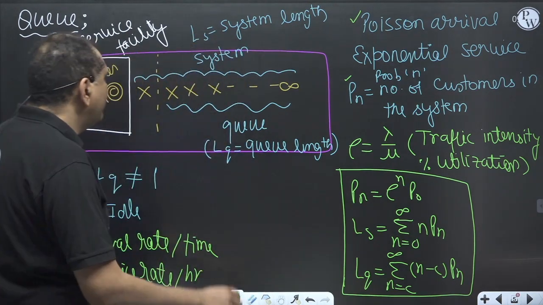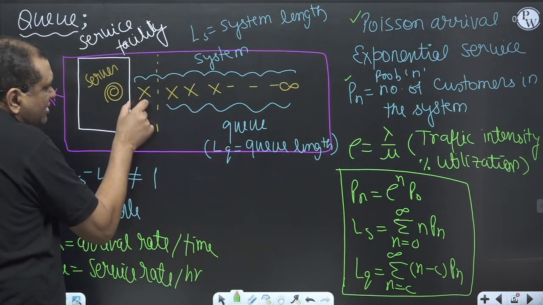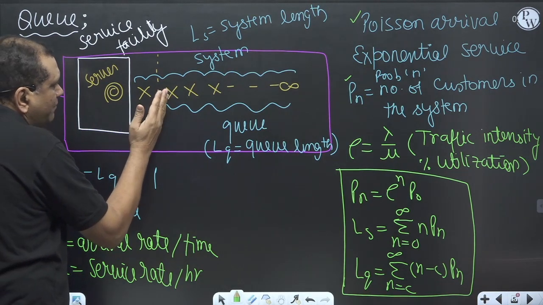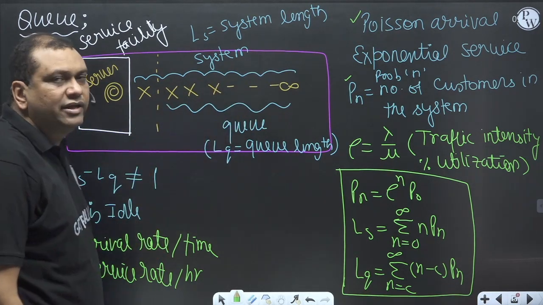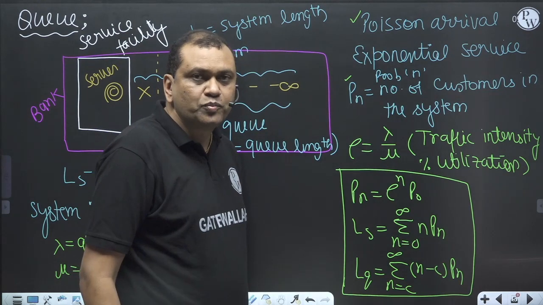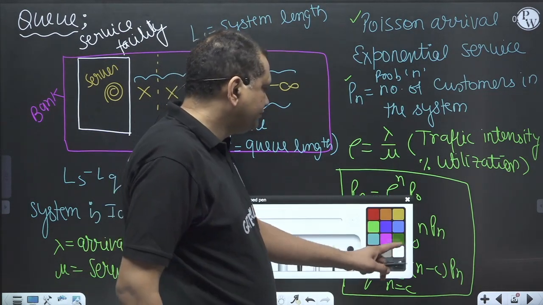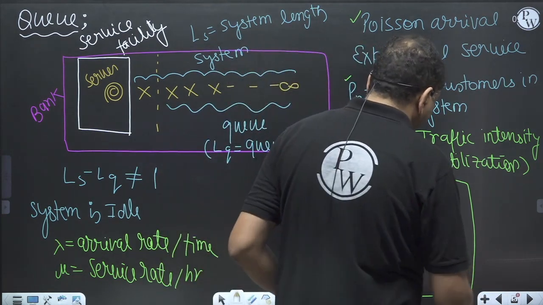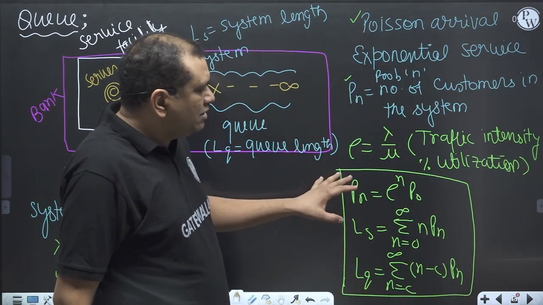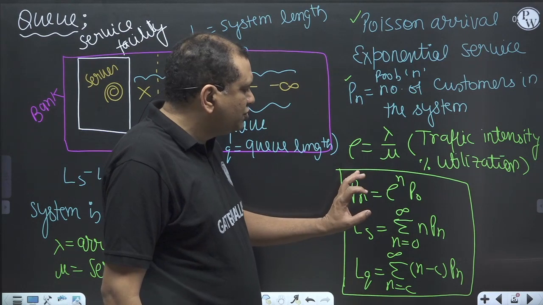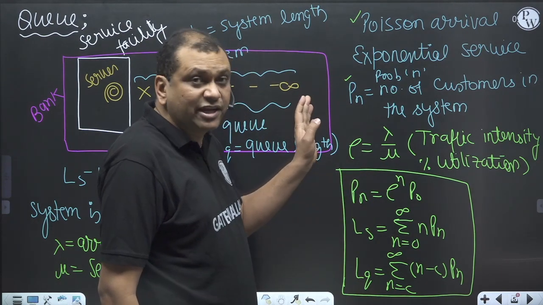Excluding the customer being served, whatever the length is called the Q length. These formulas will not change whatever the Q discipline.